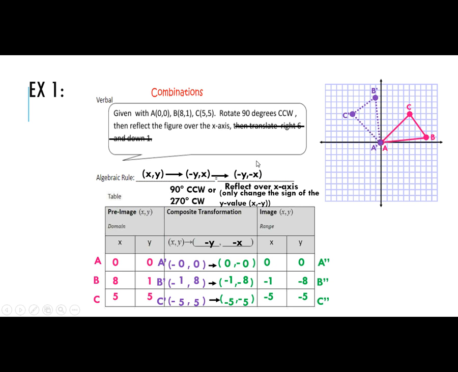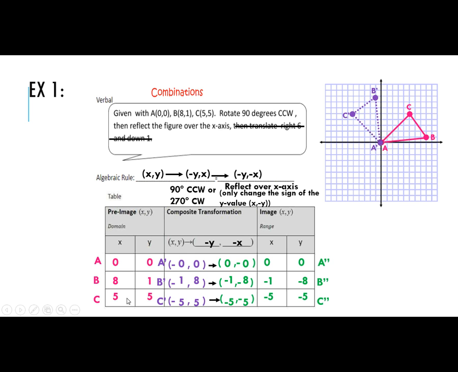So if I flip x and y and change the signs, 8 and 1 would transform into 1 and 8. And then the opposite of positive 1, positive 8, is negative 1, negative 8. So whoa, right? So this rule ultimately tells you what you're going to do to get to your final point. So that's why we do this rule.